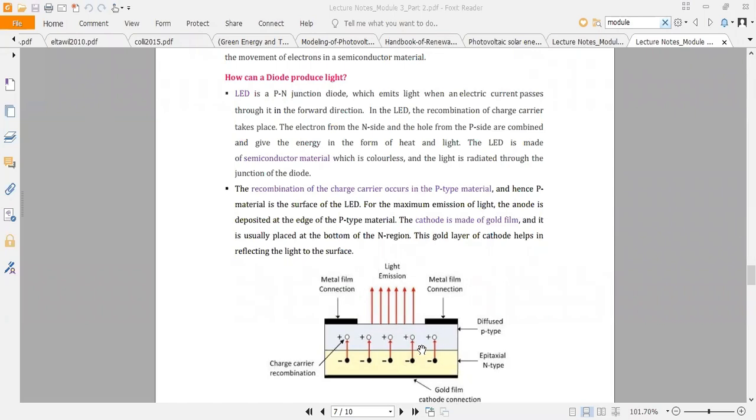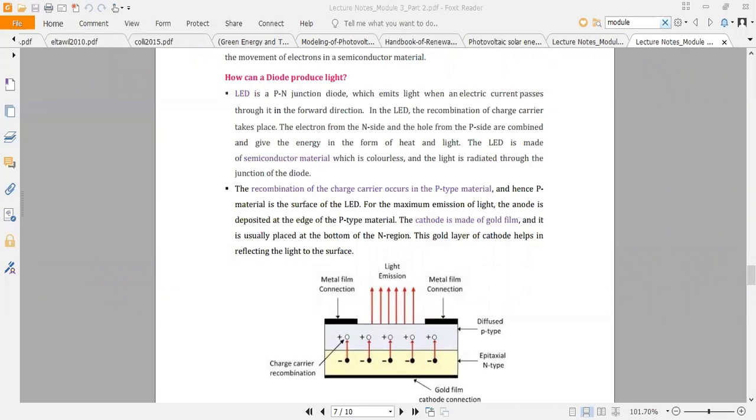Normally the holes are present in the p type and the electrons are present in the n type. So when we supply the current, we are basically giving some energy.